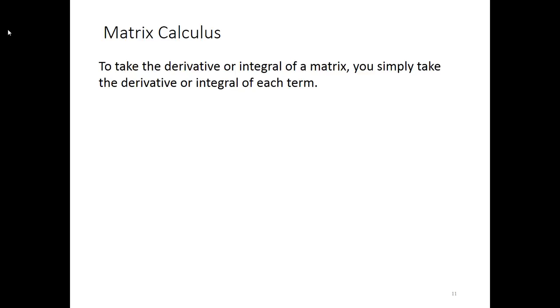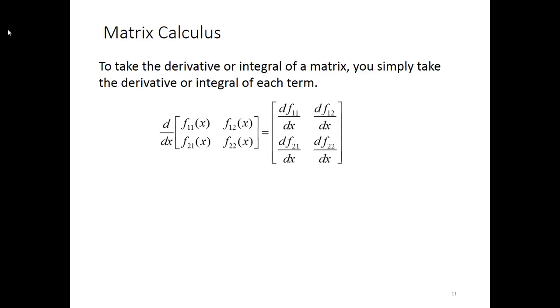There will be times in FEA when we have to apply calculus to matrices. So what do we do? Well, it's pretty straightforward actually. To take the derivative or the integral of a matrix, you simply take the derivative or the integral of each term of the matrix. So it's term by term calculus. So in other words, if I want to take the derivative of this 2x2 matrix F11, F12, F21, F22, if I do a d by dx on that, I'm just going to bring the d by dx inside.